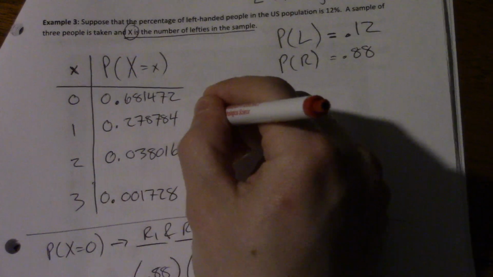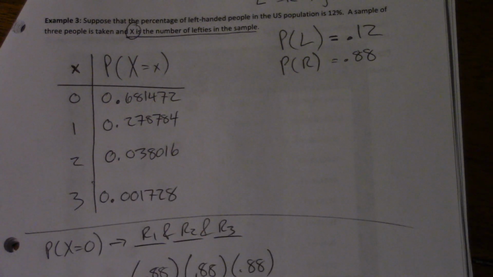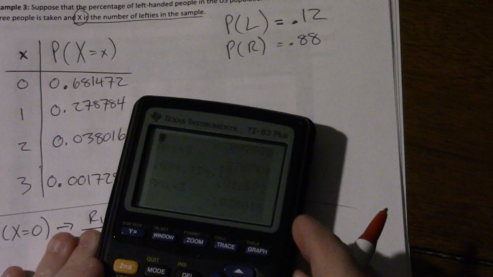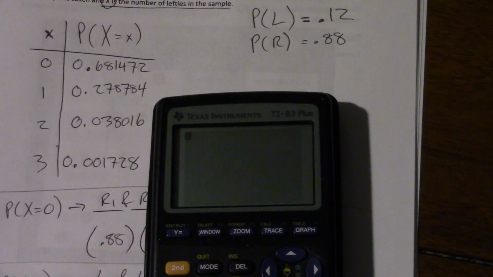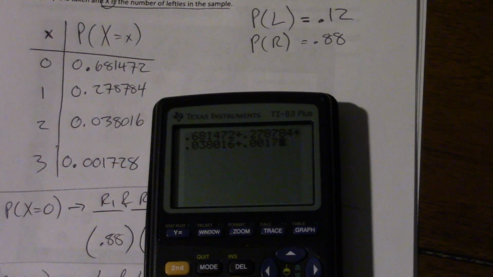So these seem to follow our expectation. So the last step is let's add them all up. And this can be arduous, but it's worth the time. So we have 0.681472 plus 0.278784 plus 0.038016 plus 0.001728, and we get 1, which is what we want.